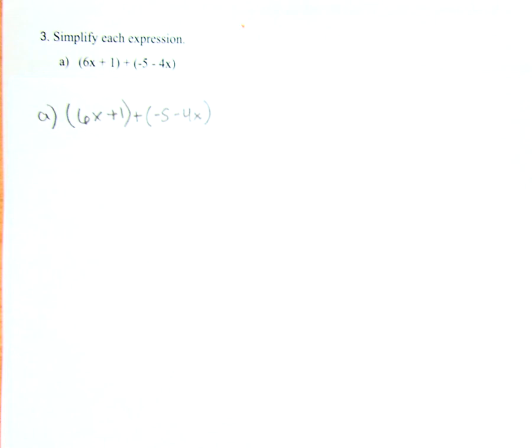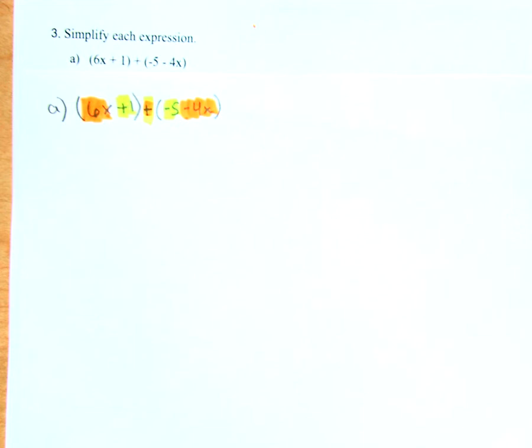I'm going to cut some highlighter here. So 6x gets added to negative 4x. Remember, you got to pull the signs with it. And 1 gets added to negative 5. Okay, so those are the ones that are going to go together. And when I add 6x and negative 4x, that's going to give me 2x. And when I add 1 plus negative 5, that's going to give me negative 4.